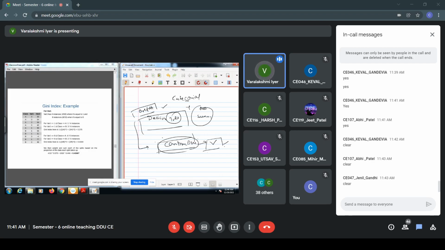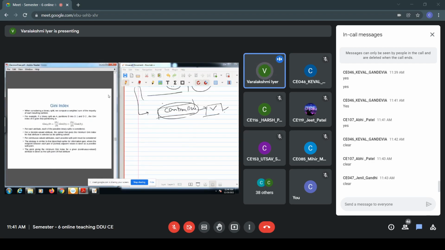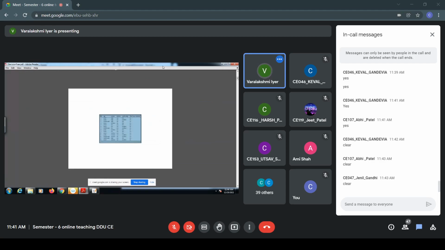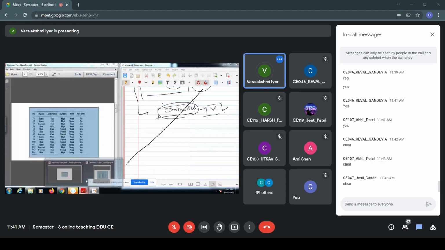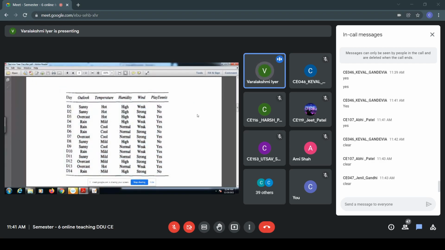So everyone is clear up to this, I suppose. Today, if you want to take a snapshot of this particular data set, take it right now. Just a minute, not this data set. Okay, this is the data set. Try to create the entire decision tree for this data set using the ID3 algorithm.